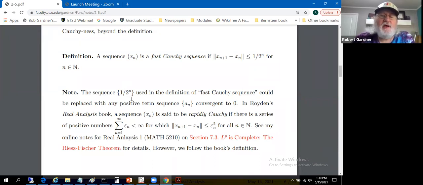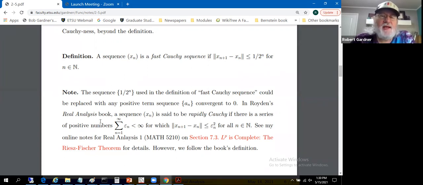Quick comment, if you've taken real analysis 1, probably real analysis 2 is where we cover this stuff. This sequence of 1/2^n for all natural numbers n, this was a requirement used in this definition of fast Cauchy sequence, could be replaced with any positive term sequence a_n which is convergent to 0.